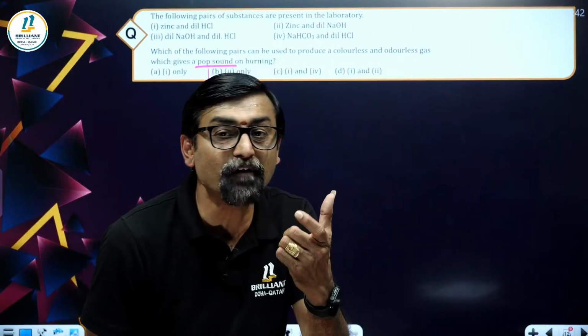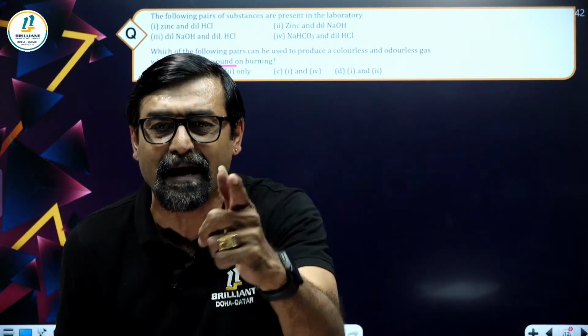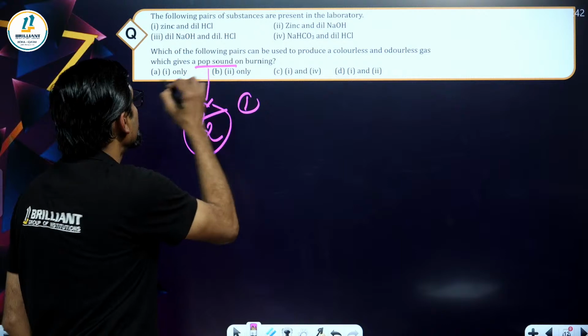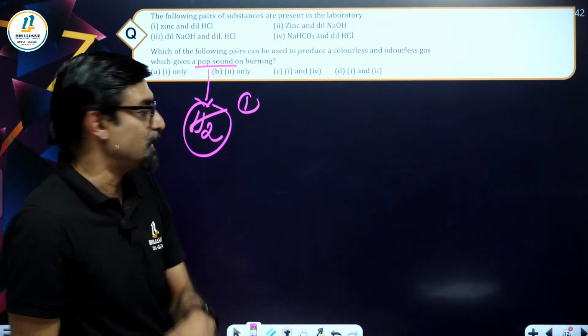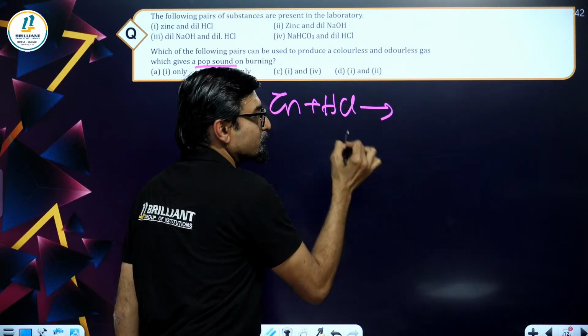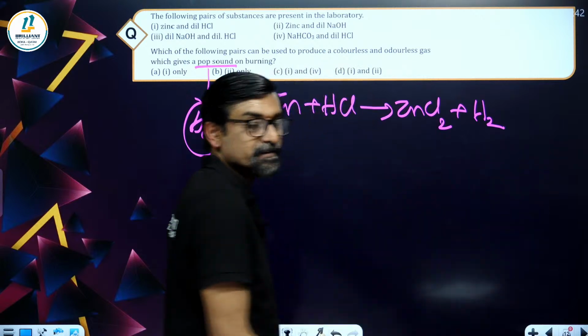That means one of these pairs should give you hydrogen gas. Let us see what that option is. First one, zinc with HCl. It gives zinc chloride plus hydrogen.